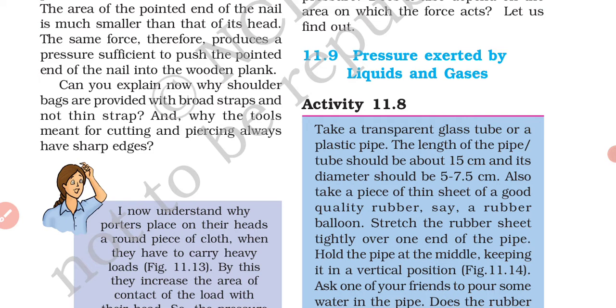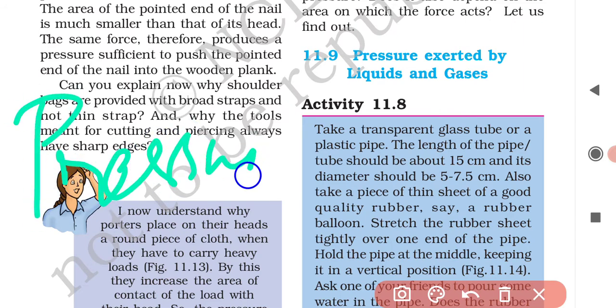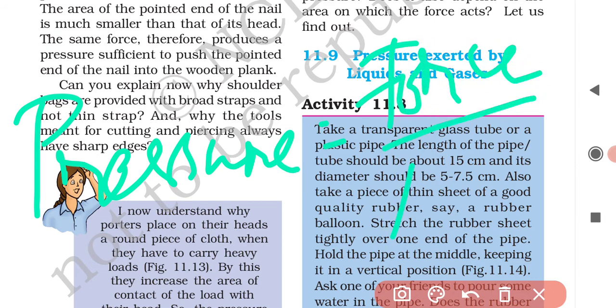The weight of the liquid pushes on the base of the vessel and exerts a pressure on it.